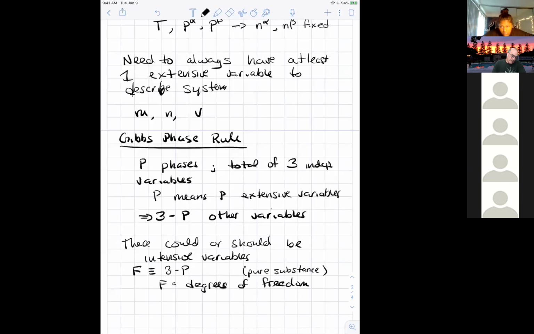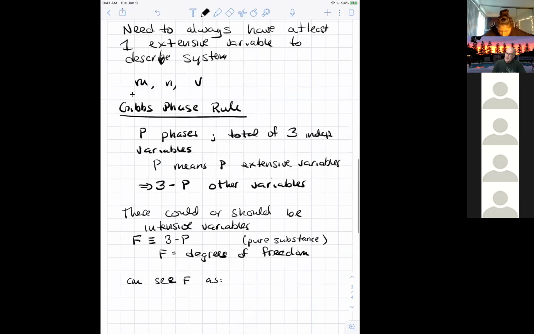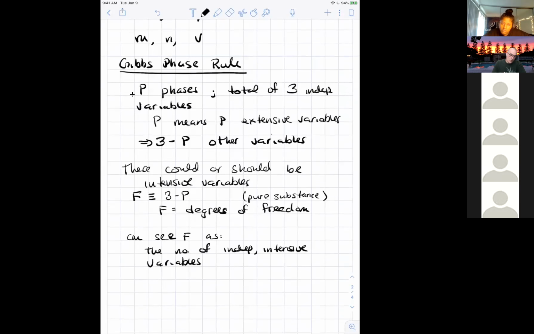And we can see F as either the number of independent intensive variables that we need, or the maximum number of intensive properties we may independently vary.